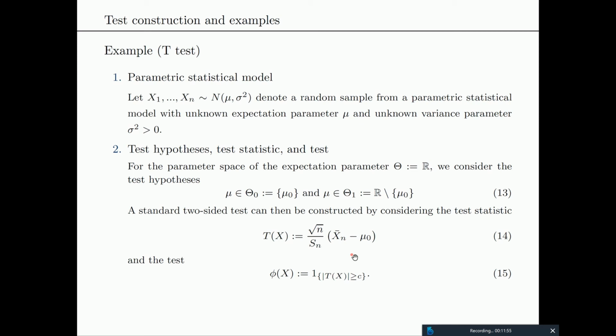And we actually don't look at the distribution of the t-statistic under the alternative hypothesis because we don't do power. So don't worry about this mu 0 here. That's what I'm trying to say. And based on the t-statistic, we can define the test: reject the null hypothesis if the absolute value of the t-statistic is larger than some critical value, and don't reject it if it's not. So now we have defined a test hypothesis, a test statistic, and a test. We haven't said that this is a good thing, but we have defined these things.